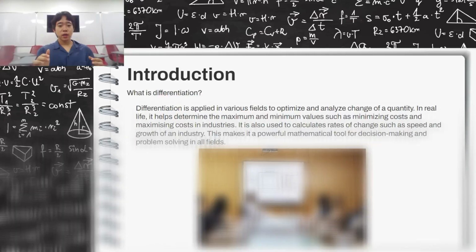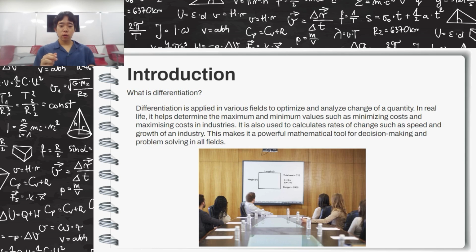First, what is differentiation? In simple words, it is a tool we use to study how one quantity changes with respect to another. In real life, we use it to find maximum and minimum values. For example, companies can minimize their costs or maximize their profit by choosing the best size, shape, or amount of material.